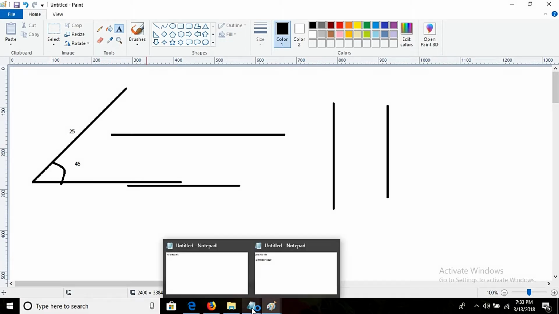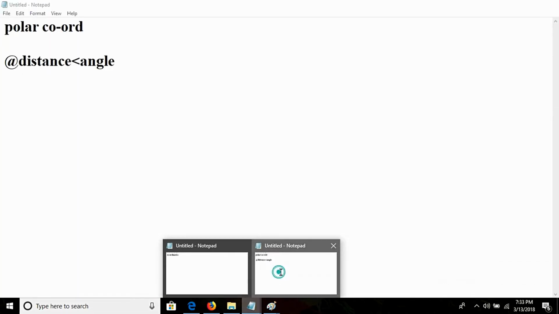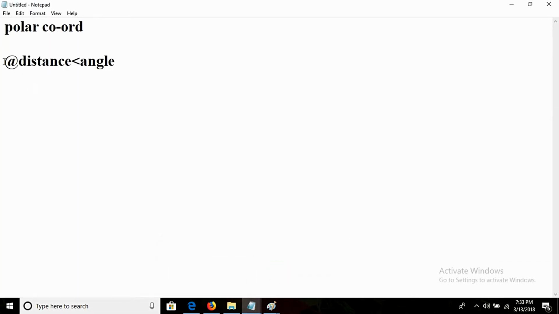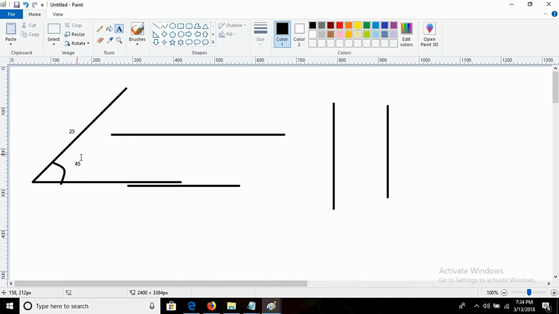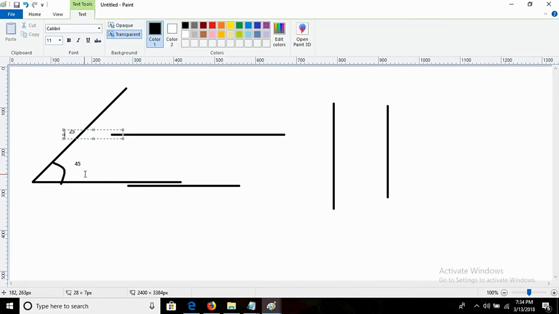So let's see, if we go for the coordinates in polar coordinates, what syntax do we have here? At the rate of distance at angle. Now follow this example. This is the distance and this is the angle.